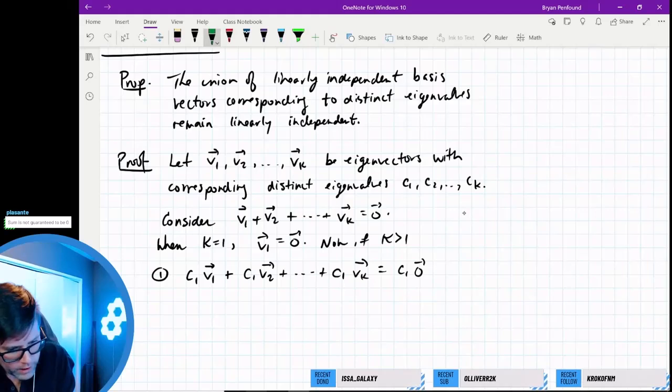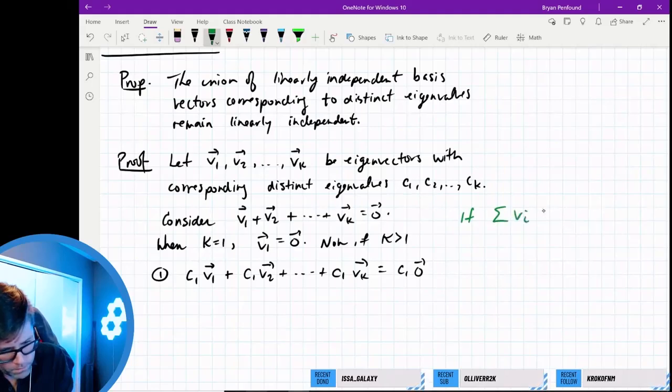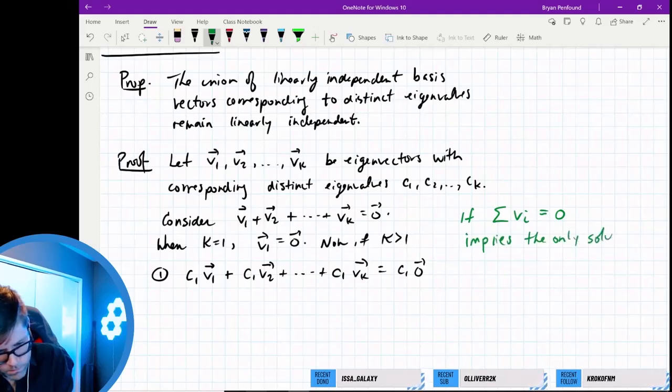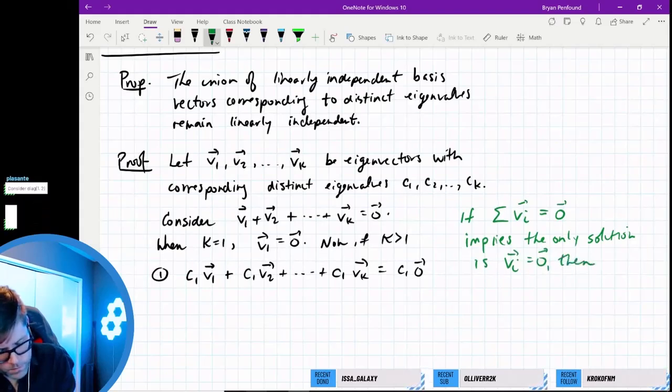We're working with like if the sum of all of our vectors is 0 implies the only solution is that each vi is equal to 0, then they're independent, right?